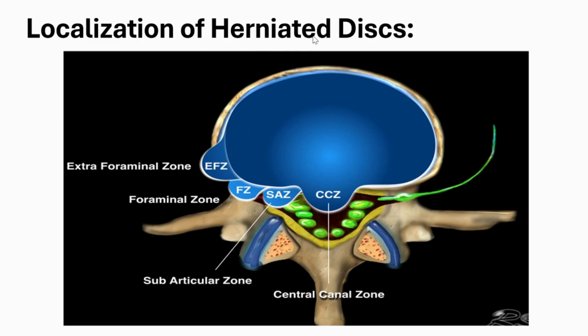Now the localization of the herniated disc, depending on the site: that is central, subarticular, and previously it used to be called paracentral. Now the foraminal and the extraforaminal.